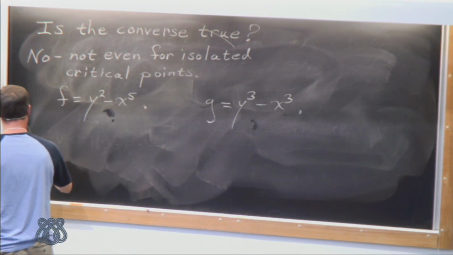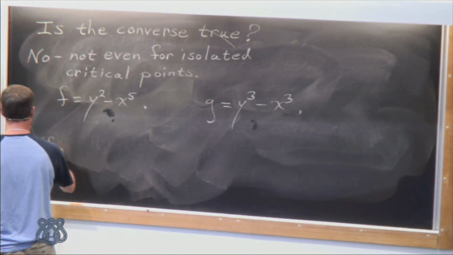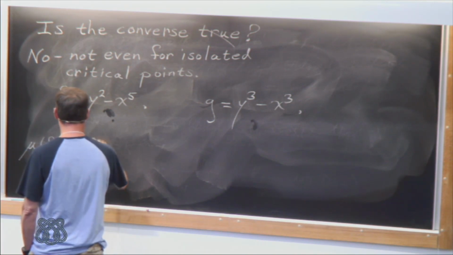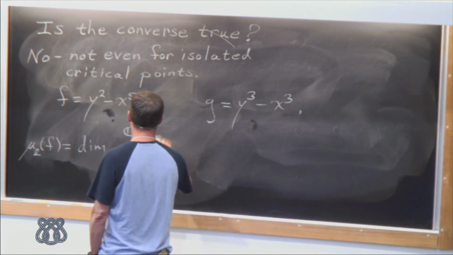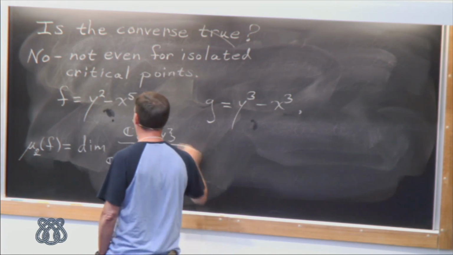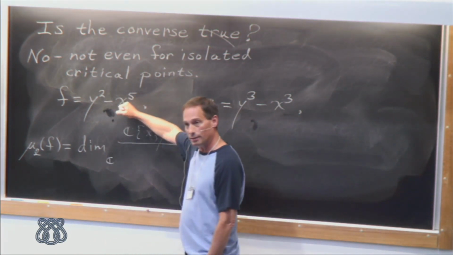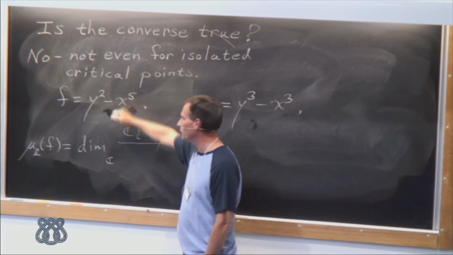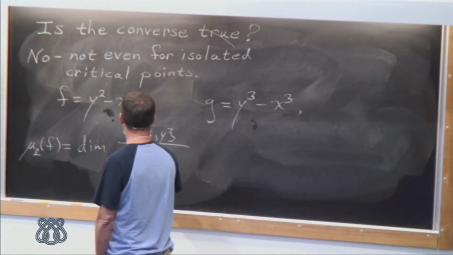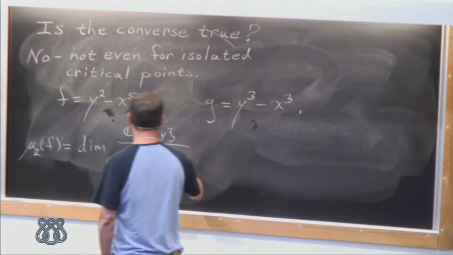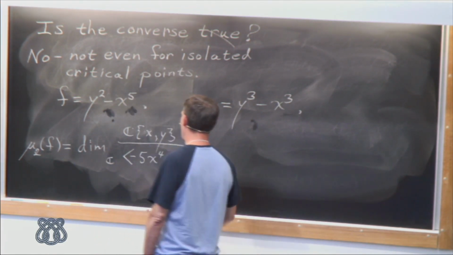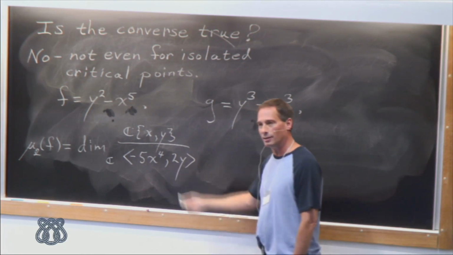So let's look at the Milnor number of f at the origin. It is the dimension as a complex vector space of the ring of convergent power series, and you mod out by the Jacobian ideal, the ideal generated by the partial derivatives of this. So you get a minus 5x to the 4th, 2y. This is an ideal.